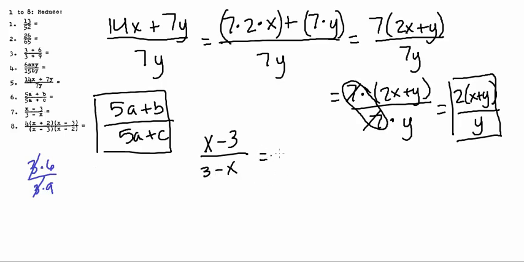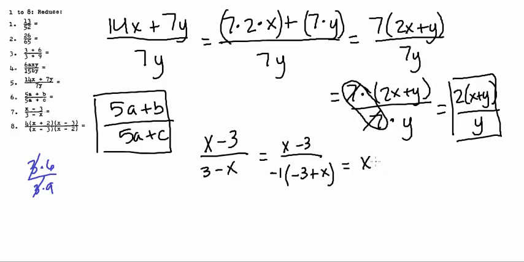So in this case, I'm going to leave the numerator as is, but in the denominator, I'm going to factor out a negative 1. So doing that is basically going to flip these signs. So I'm going to get a negative 3 plus x. And again, if you're not sure, you can always distribute this back through to prove to yourself that it is in fact equal to what we had here. So I'm just going to go ahead and rewrite this.